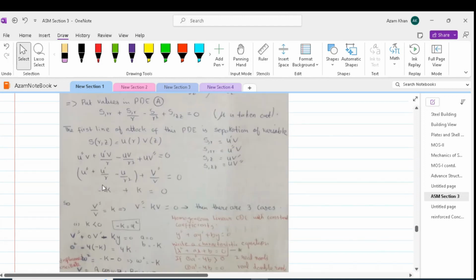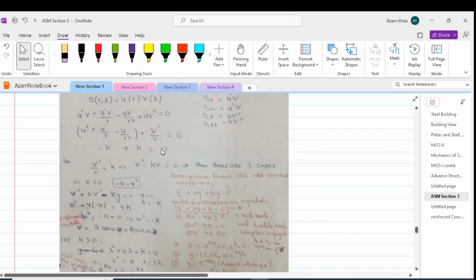We can separate this into two variables, one in u and another in v. Thus, separating u and v terms, we can see that the summation of these two terms is equal to 0. We can call this whole u term minus k and this term of v as k.